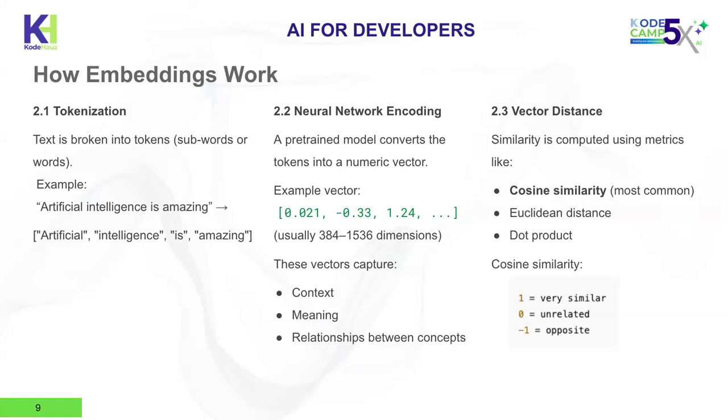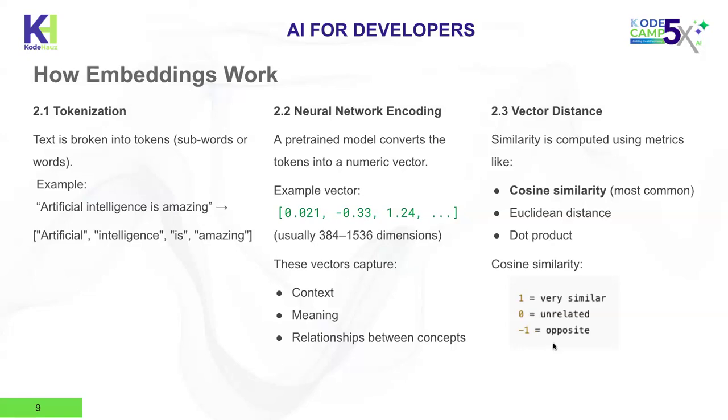Now how you make some sense out of it is you calculate what we call similarity, or the vector distance, which is the distance between the embeddings. Cosine similarity is one of the methods of calculating, and it's the most common method. In cosine similarity, 1 means that they are very similar. 0 means that they are unrelated, there's no real correlation or relationship between those two words.